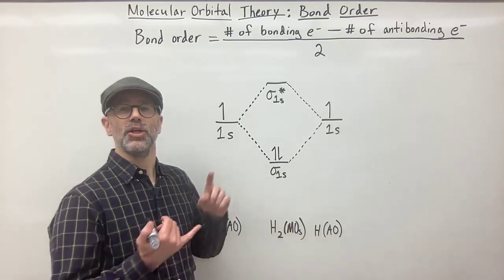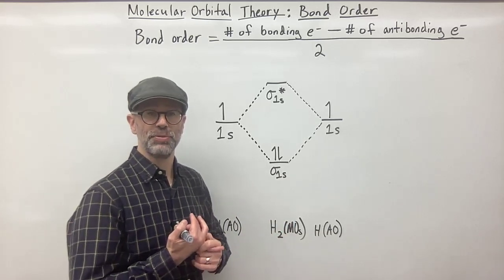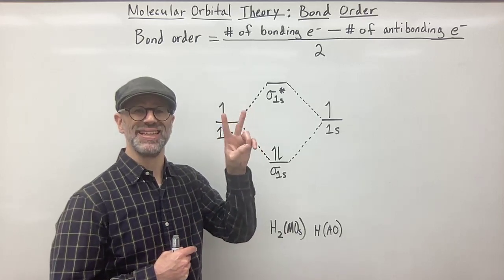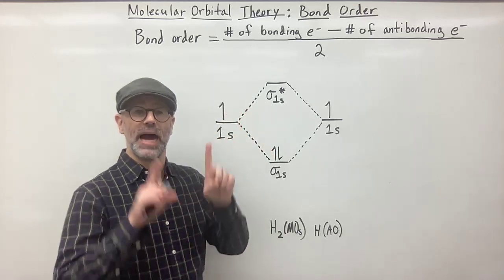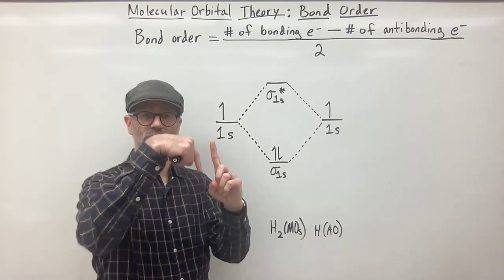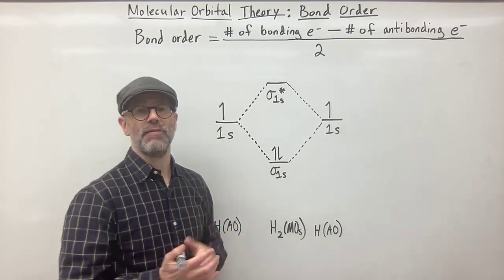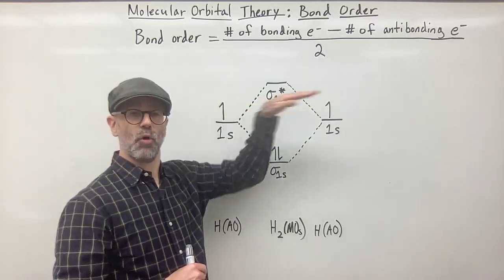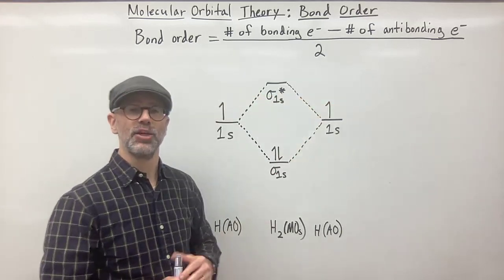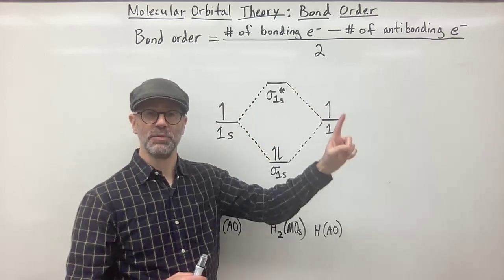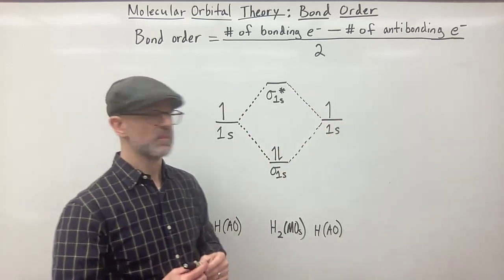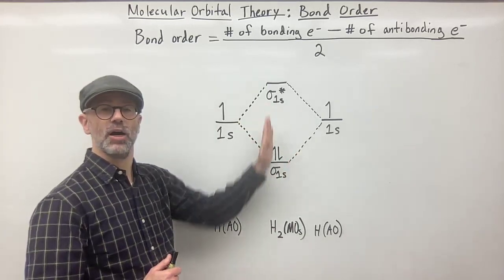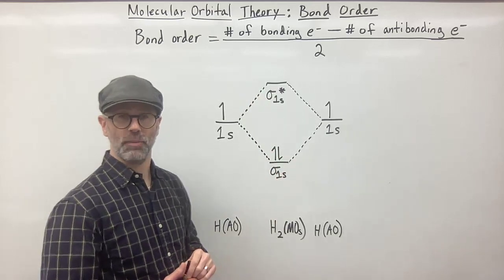You follow the Pauli exclusion principle, which means you only have two electrons in each orbital maximum, and they have to be opposite spin, one spin up, the other spin down. And finally, you have Hund's rule, where if you have orbitals at the same energy, you fill in one at a time with the same spin before pairing them up. We're going to follow those same rules when filling in our orbital diagram for molecular orbitals.